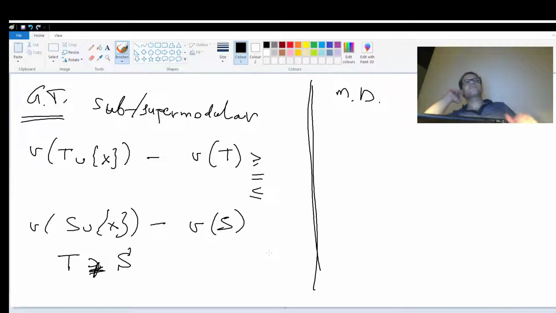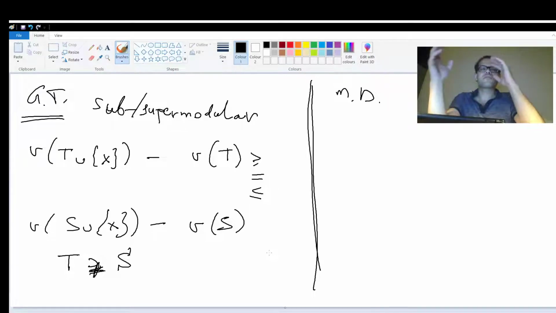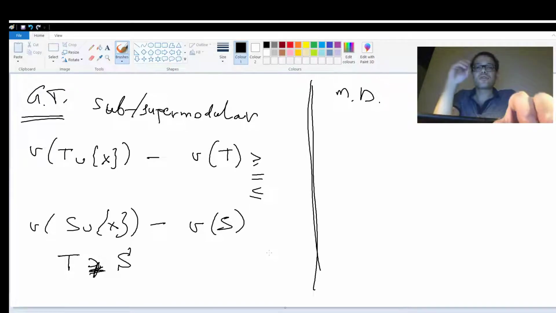But in some cases you actually can have synergy, and then the more people you have, the better it is to add someone else. So you have reasonable ways to motivate why certain functions are sub or super modular, and you also have this idea of additivity. You can talk about why you have additive, sub or super additive functions, but I'm not telling anything about what the conclusions actually are.